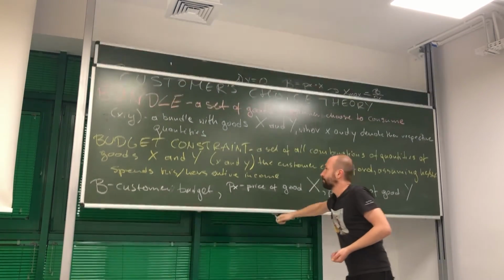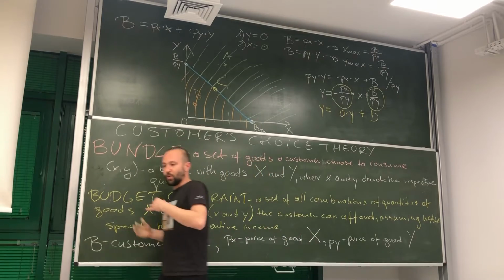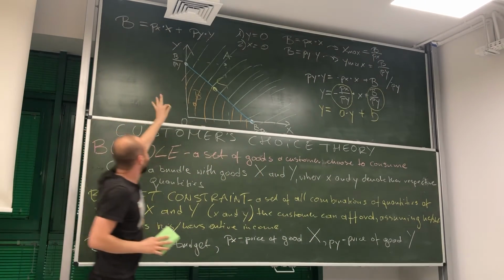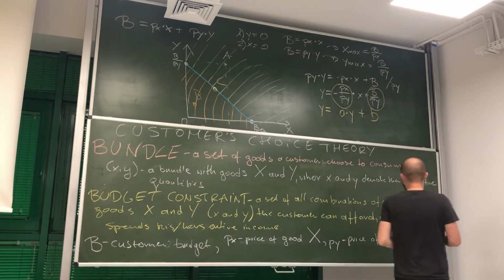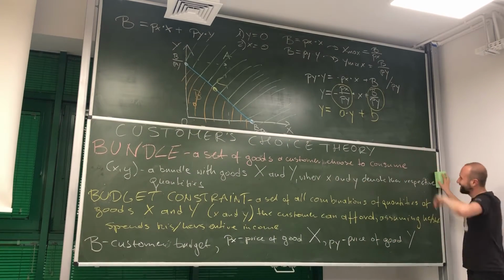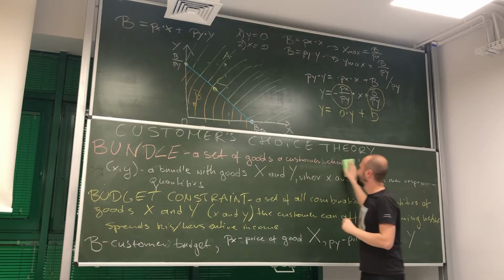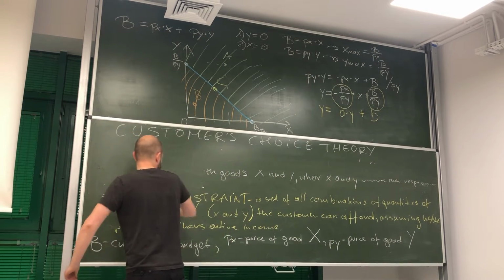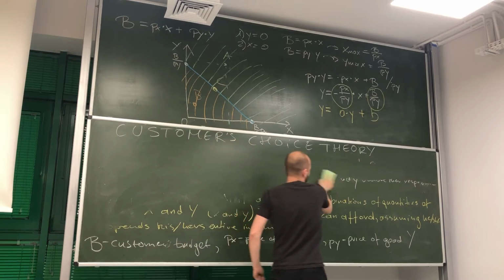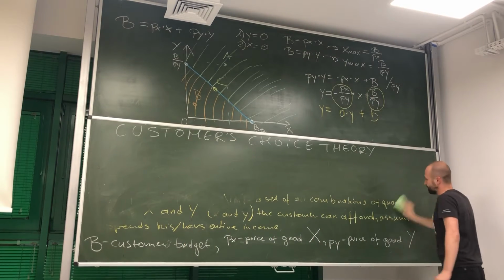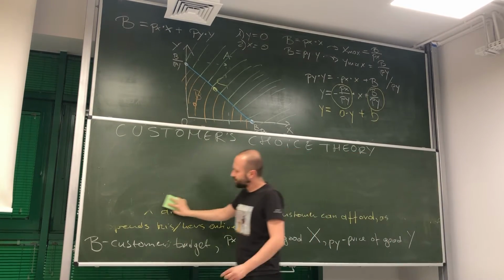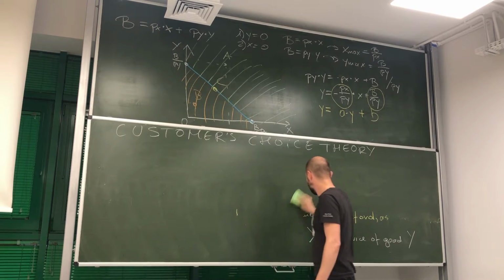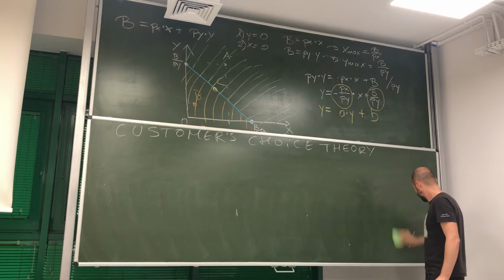Okay, so we know that we will be interested in this indifference curve, in this budget constraint. Indifference curve is a second tool that we're going to introduce in a matter of minutes. Now, let me just give you a little bit more information about the budget constraint.